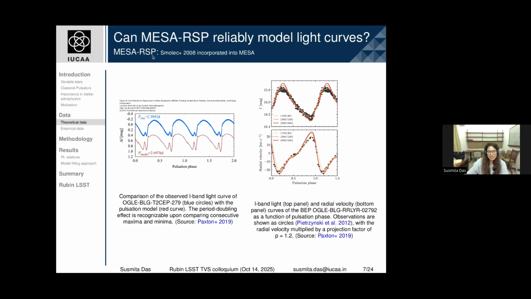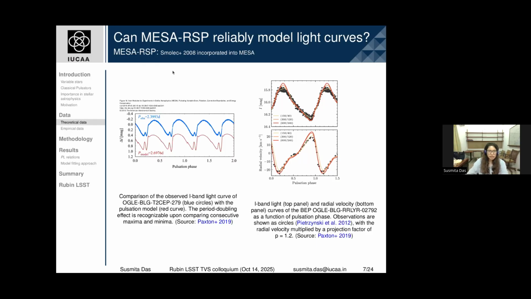In 2019, building on Smolec's 2008 work, a new module was introduced in MESA, called MESA-RSP, where RSP stands for Radial Stellar Pulsation. This code is very convenient for obtaining bolometric light curves, radial velocity curves, and so on, typical of classical pulsators.